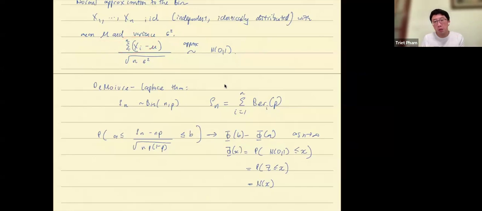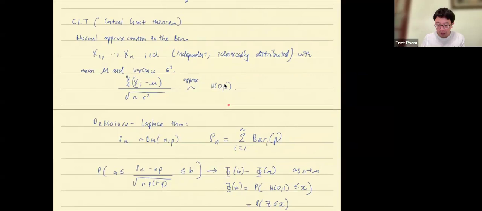And because this result is very strong in the sense that it doesn't require the terms to have any specific distribution, anything would work as long as it's independent, identically distributed, that's why it keeps getting invoked again and again in many contexts. But that's the same reason why it's overused and abused, because a lot of times it's used without check.